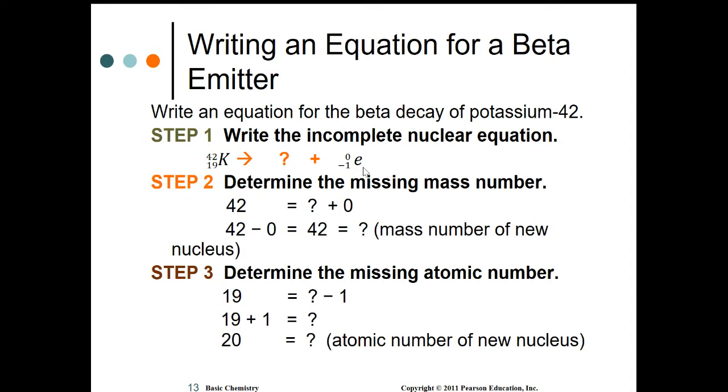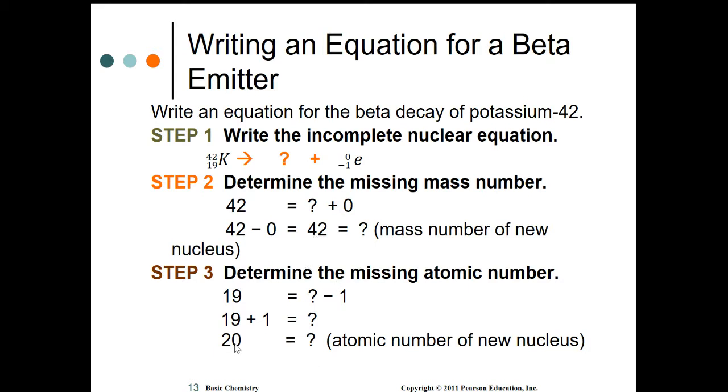Then you determine the mass number, 42, and because this is 0 here, it's just minus 0, so it's the same number. If it's beta, because the mass number is 0, it's going to be the same mass number. The only thing that will change is the atomic number.